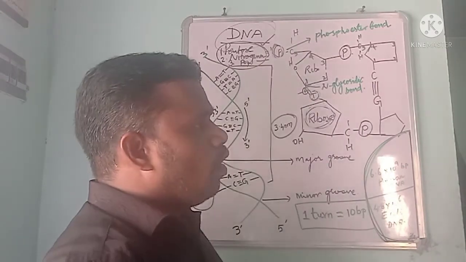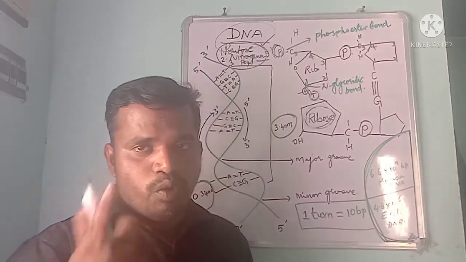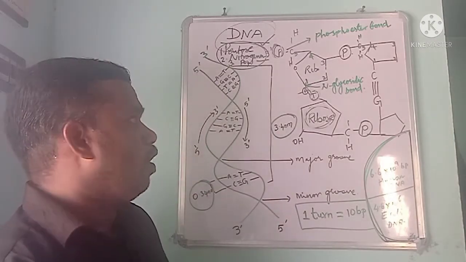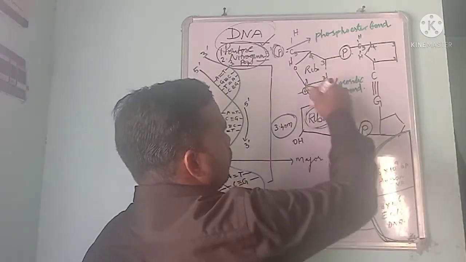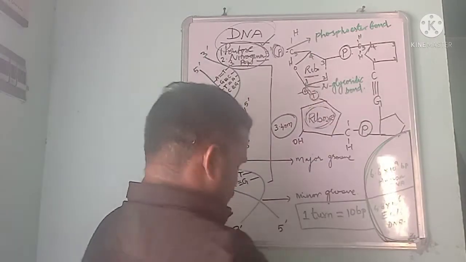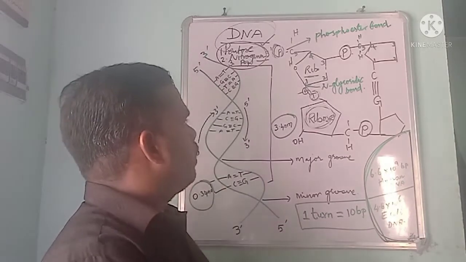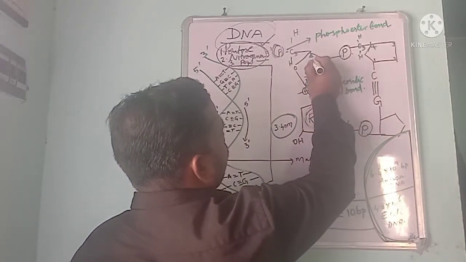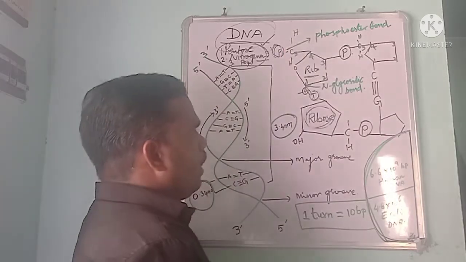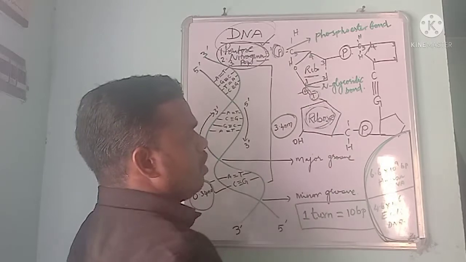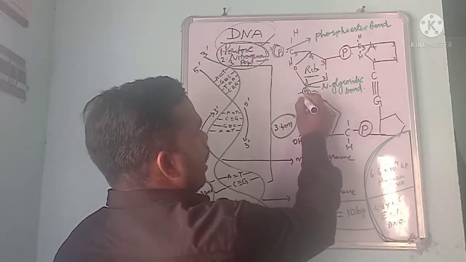So the nucleotide consists of ribose sugar, nitrogen base and phosphate group. That we call a nucleotide. Here you see the ribose sugar, with carbon 1, carbon 2, carbon 3, carbon 4 and carbon 5. At carbon 1 of the ribose there is a nitrogen base.